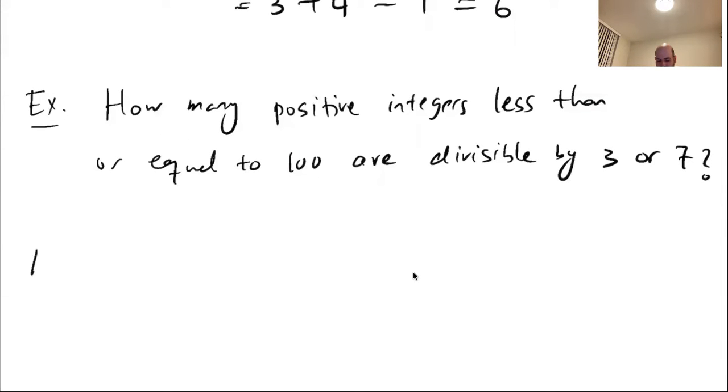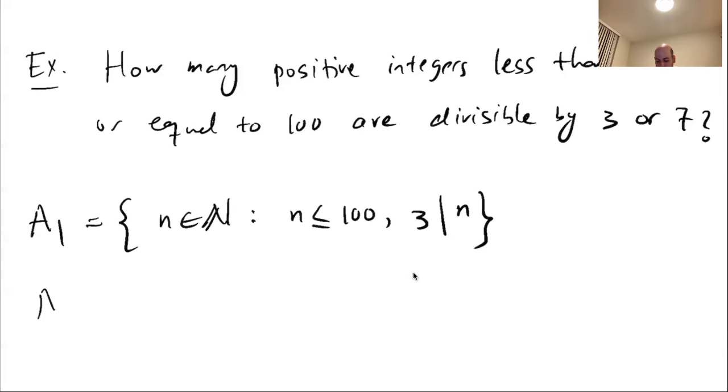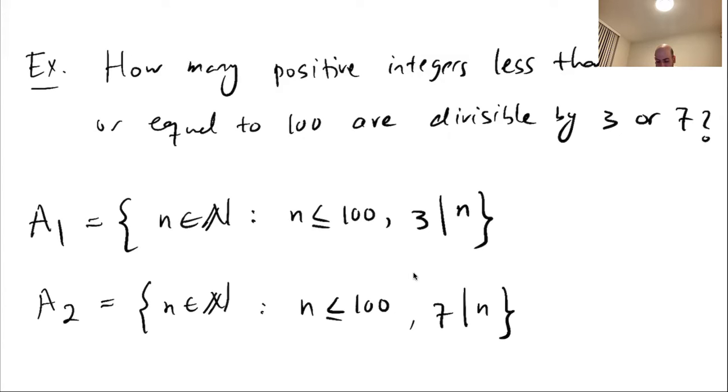Let's say I call A1 the set of all n in N such that n is less than or equal to 100 and 3 divides n. And A2 is the set of all n in N such that n is less than or equal to 100 and 7 divides n.